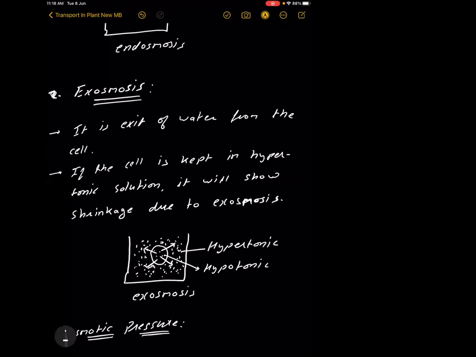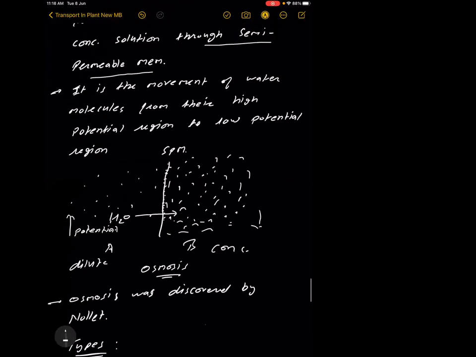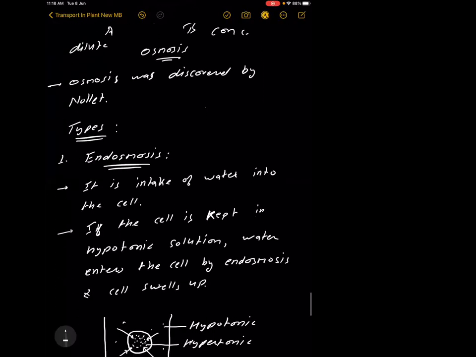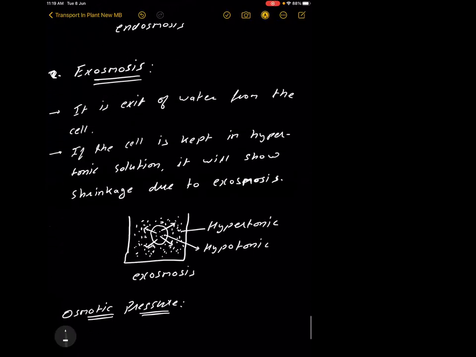In that condition, water moves out, according to the osmosis definition. In the osmosis definition, water movement occurs from the dilute solution to the concentrated solution through the membrane. So obviously here the reason is only osmosis. So only in hypertonic solution it shrinks.